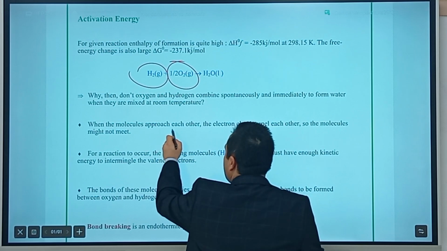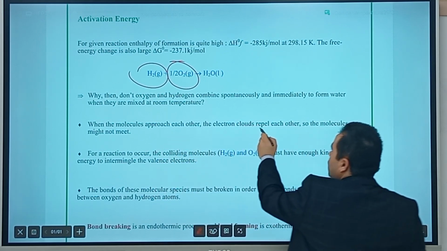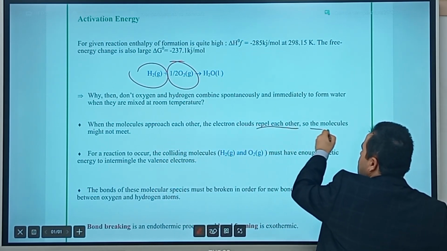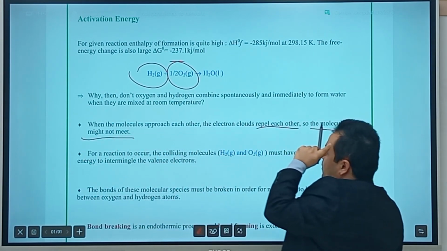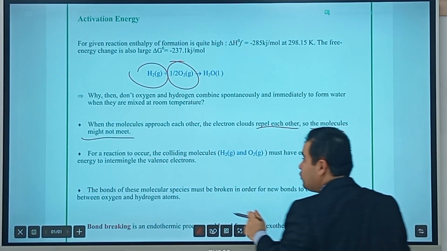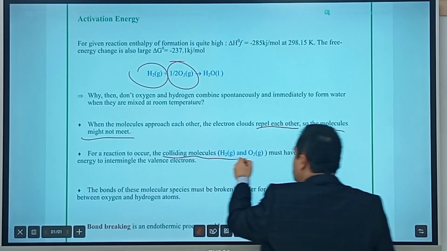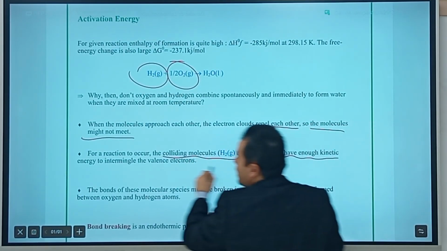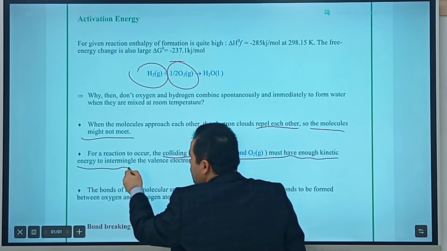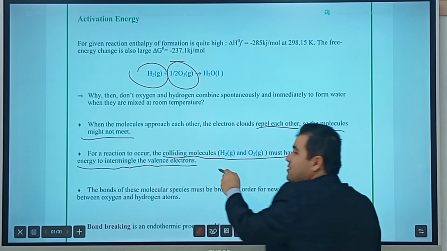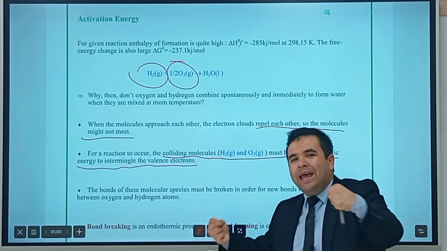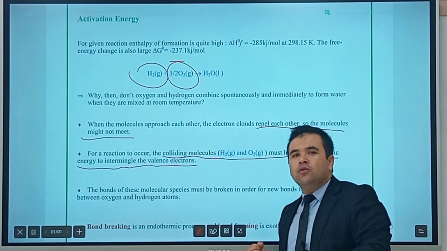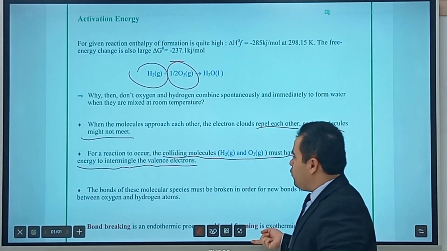So when the molecules approach each other, the electron clouds repel each other, so the molecules may not meet each other. For a reaction to occur, the colliding molecules must have enough kinetic energy to intermingle the valence electrons. We have to provide enough energy to let the valence electrons form a bond.